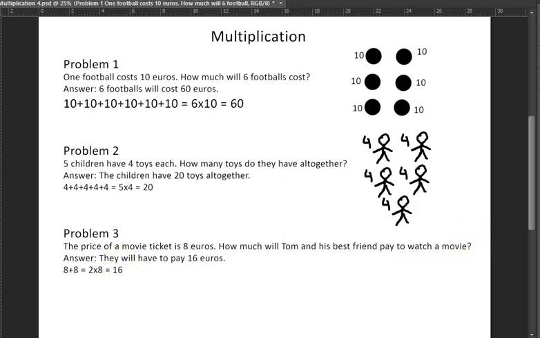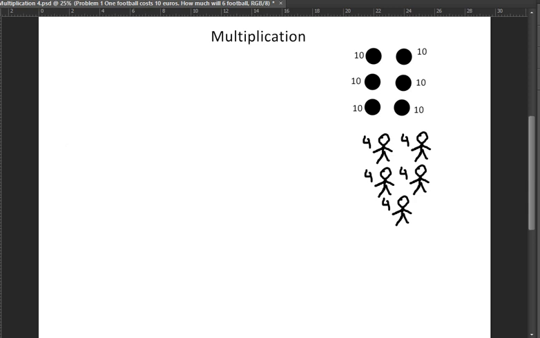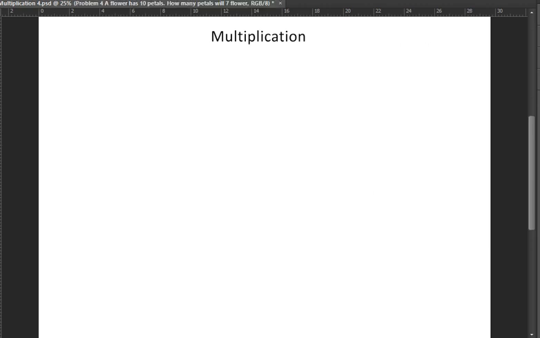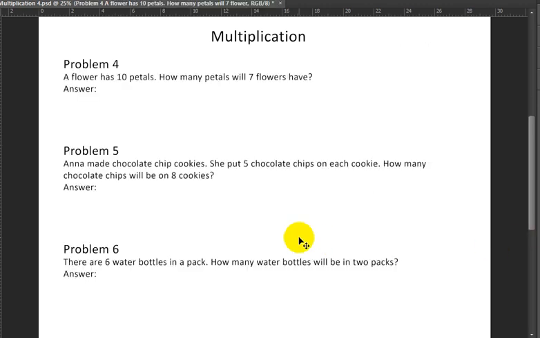All right, that's it for problem number 3. Let's erase all of this. Now, let's move on to the next problems.